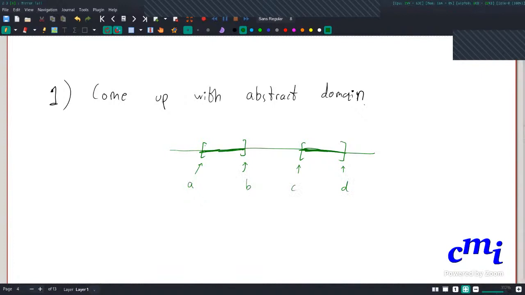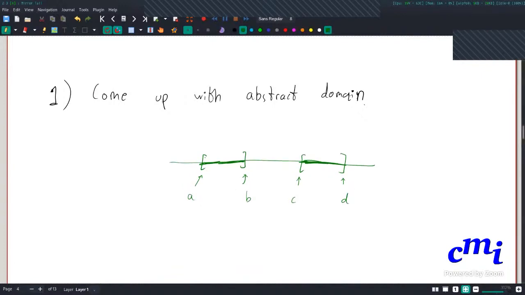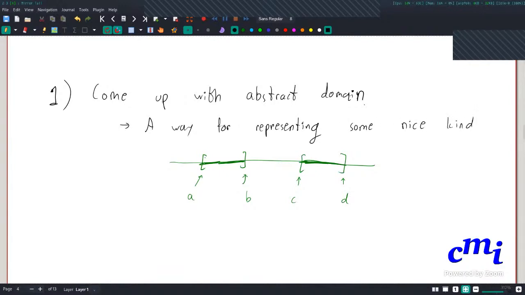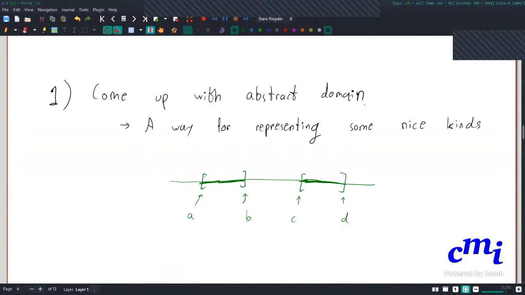So that is the essential idea behind this abstract domain, where you say that you're going to come up with an abstract domain, which means that you're going to come up with a way of representing some nice kinds of sets. So of course, I can't represent any arbitrary set of real numbers with just 4 values, right?